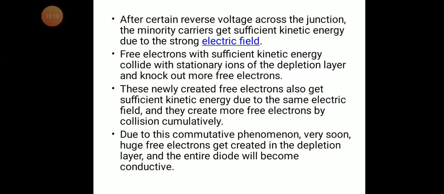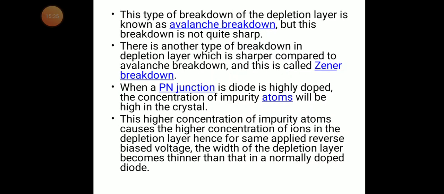What happens? The free electrons that are generated are kinetically energized and they collide with other ions. When they collide with the ions, they generate more free electrons compared to the previous ones. After that, those electrons again collide with the ions and generate more free electrons.